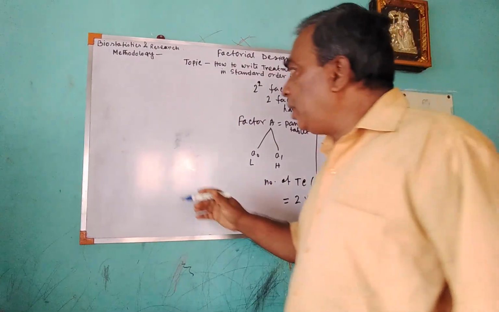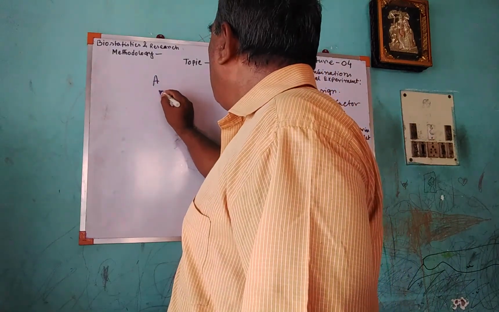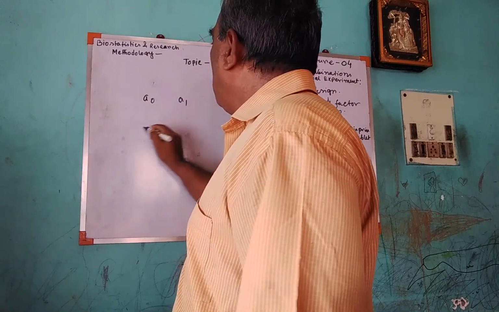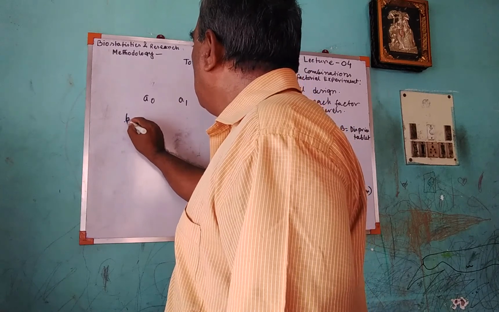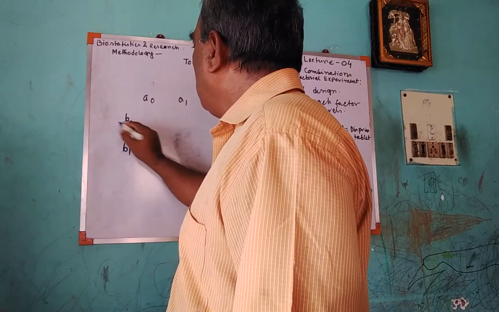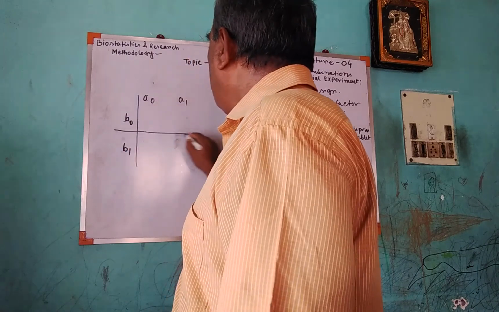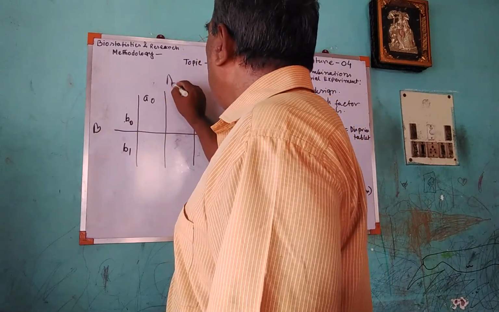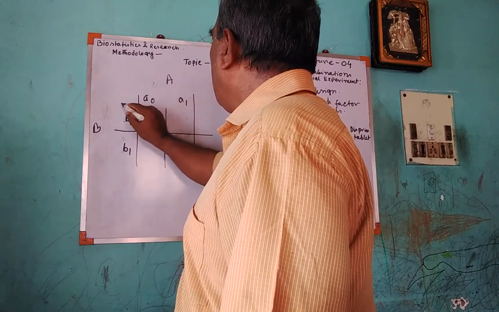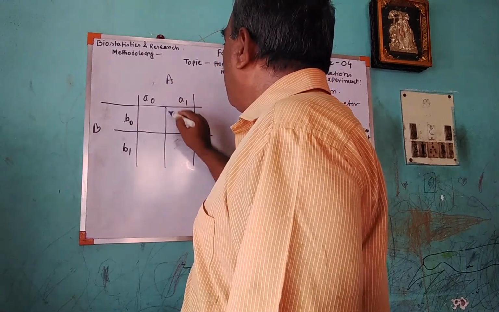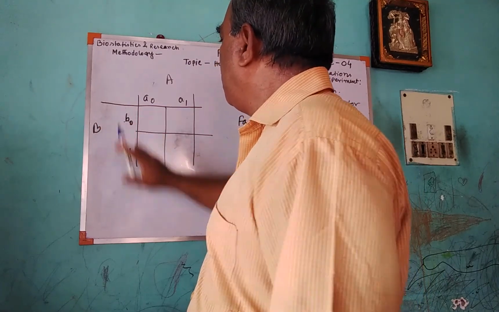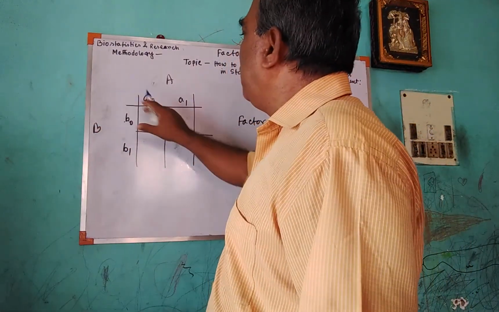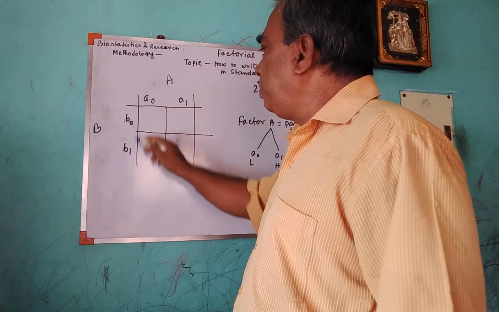For example, factor A has two levels, A0 and A1, and factor B has two levels, B0 and B1.